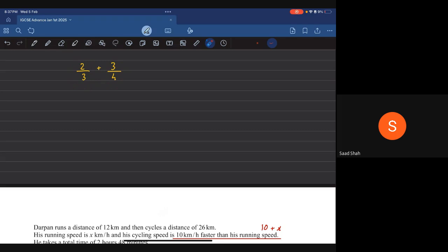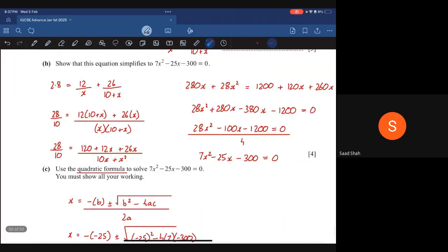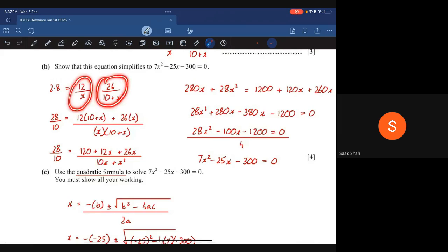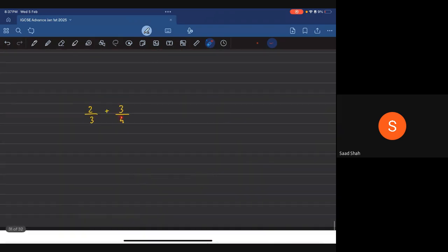So now, because you have these two fractions, usually what happens is that, for example, if it was 6 over here, we would have just multiplied it by 2. We would have found the common multiple and made things work.